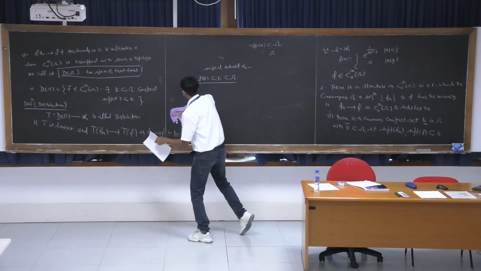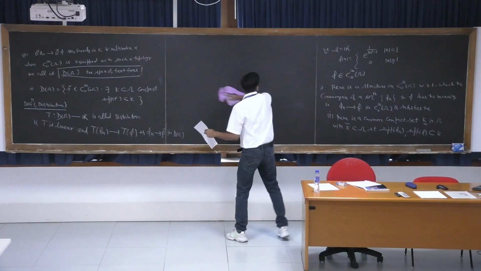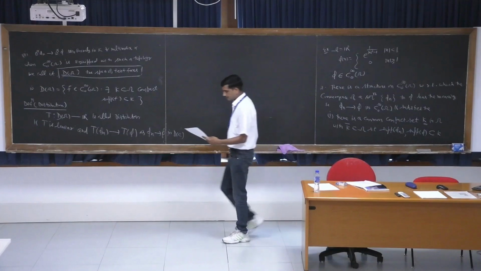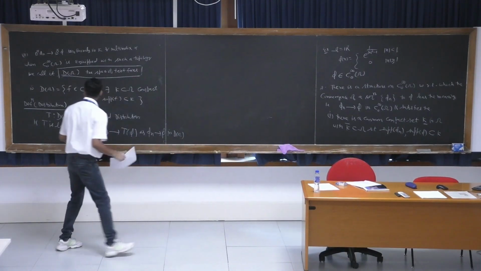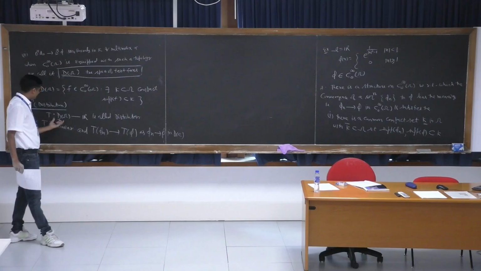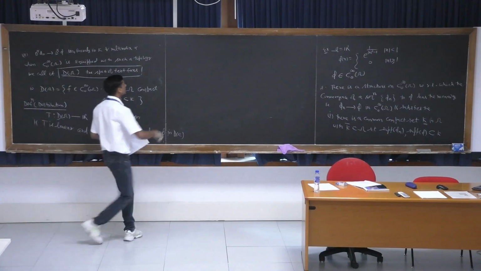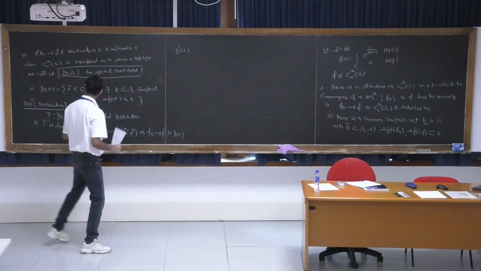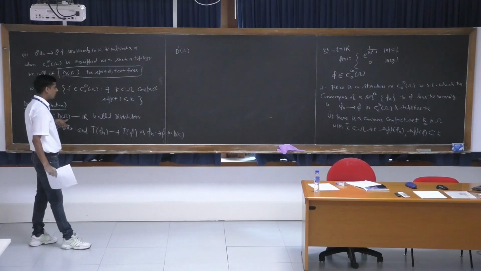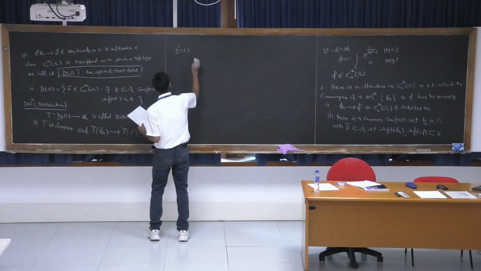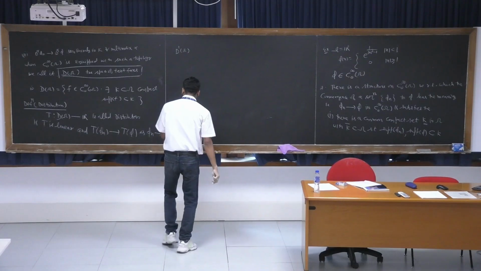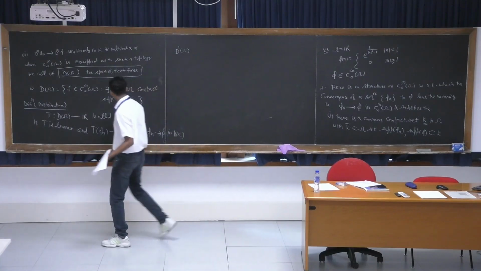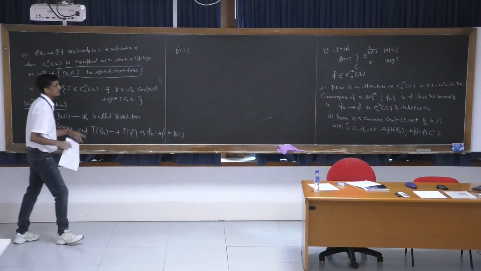So here is the space of all distributions. T is defined over this set, D of omega. This is D dash omega. What is this D dash omega? D dash omega is the space of all distributions defined over this.